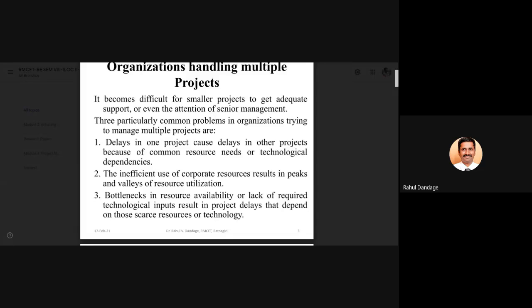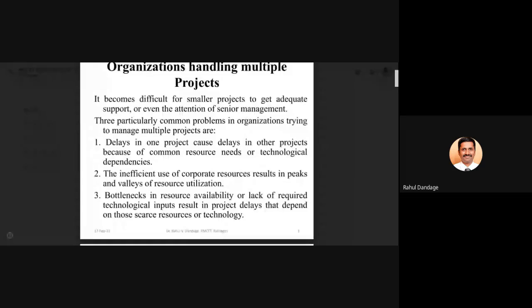So sometimes the organization may have some resource available, but only in very small quantity, and the demand for that resource may be high as far as the projects are concerned.